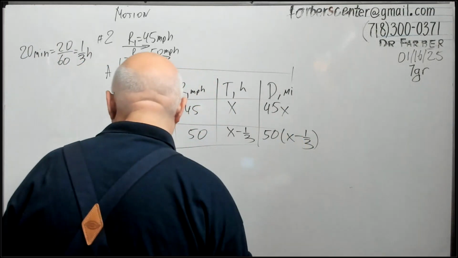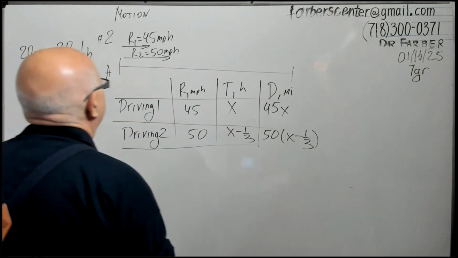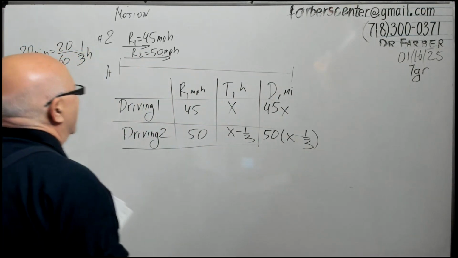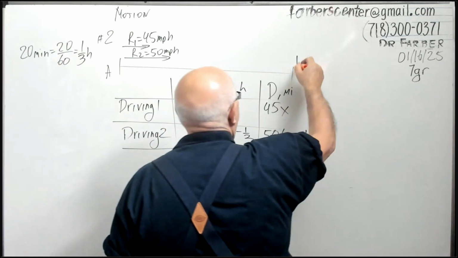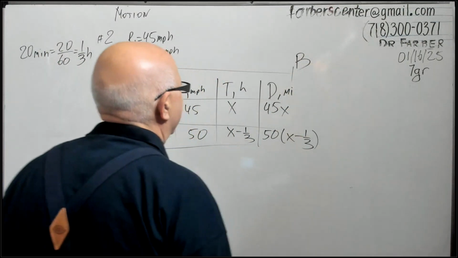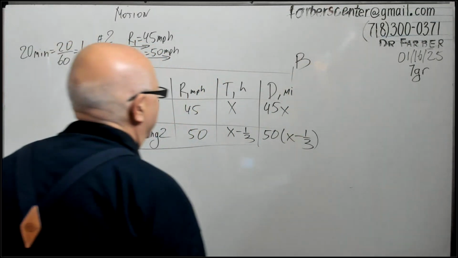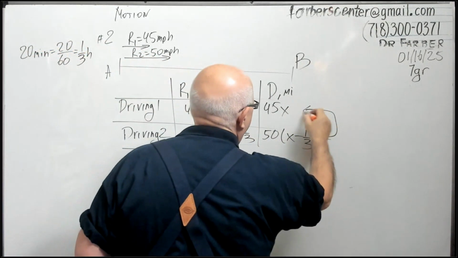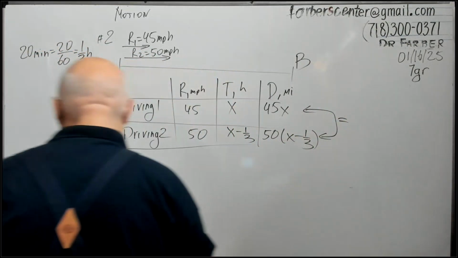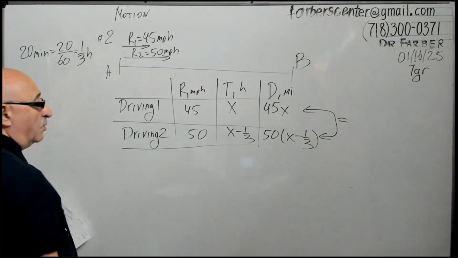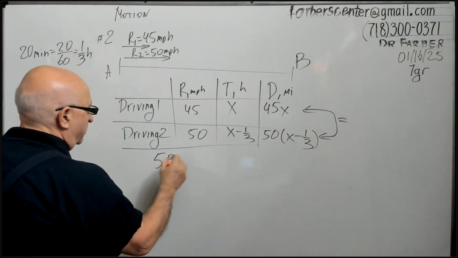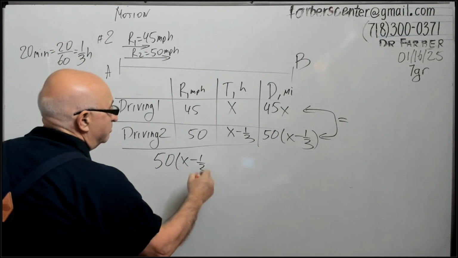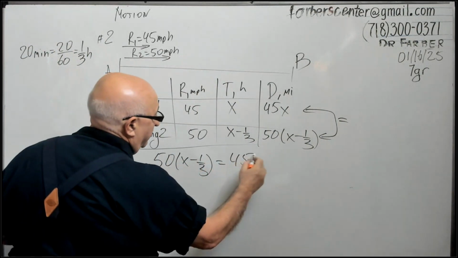Okay. And they go to point B in any circumstances, right? And you can write that this equals this, the same distance they cover. For instance, 50 times x minus 1 over 3 equals 45x.